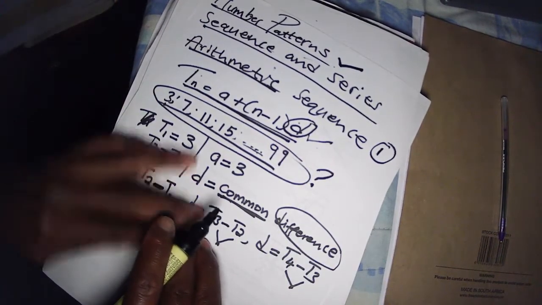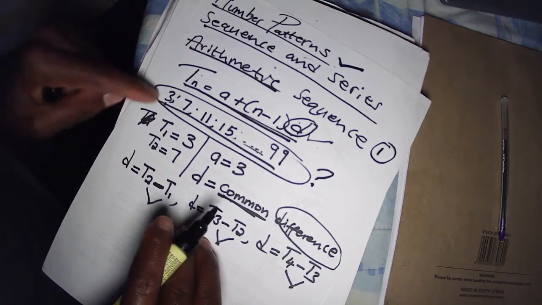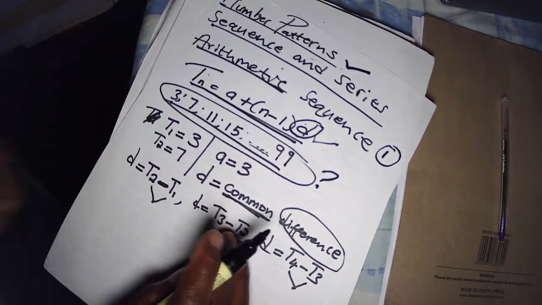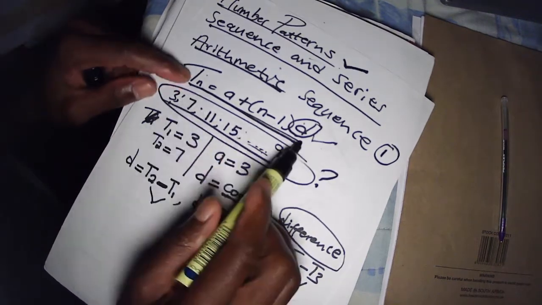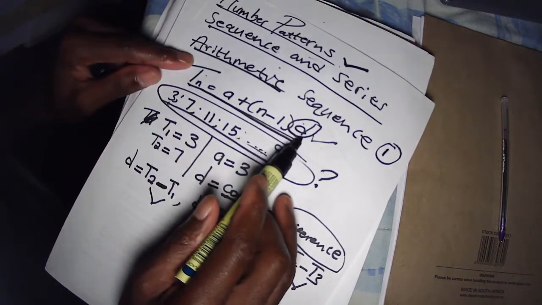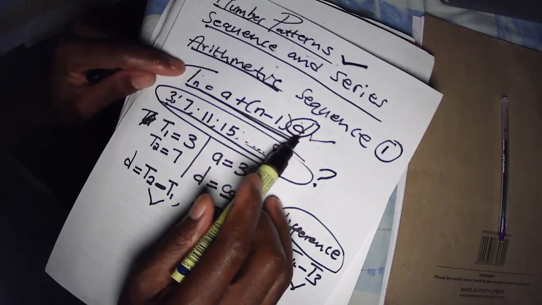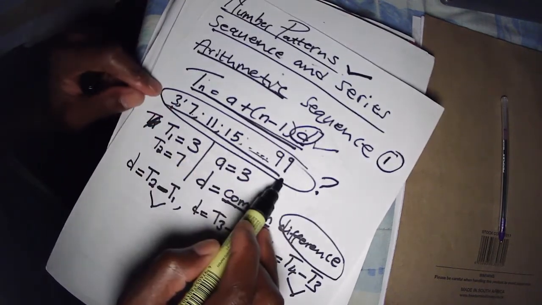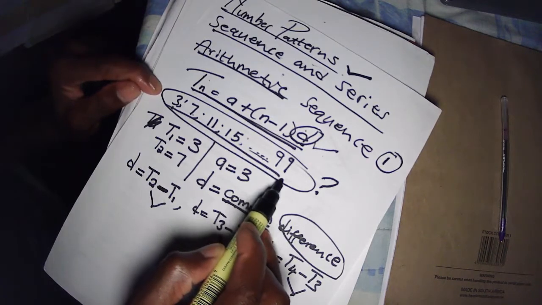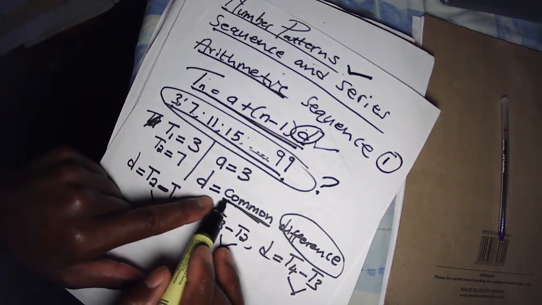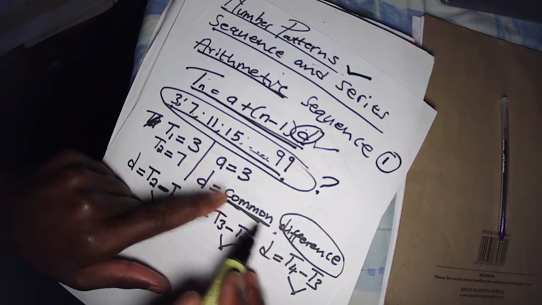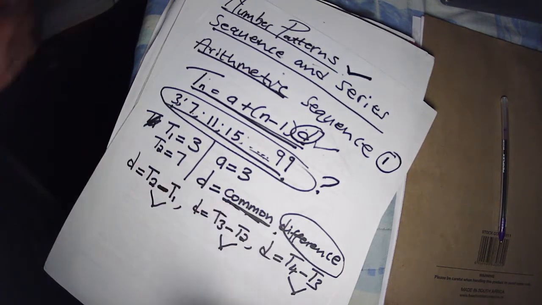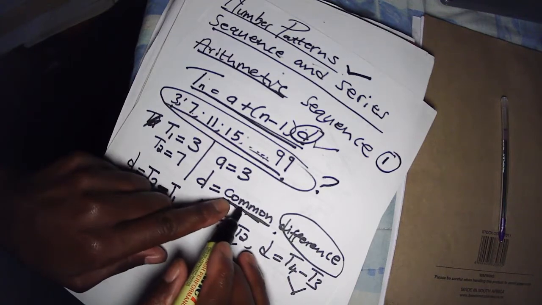I know this is arithmetic if I am given this formula, or by finding the common difference myself.